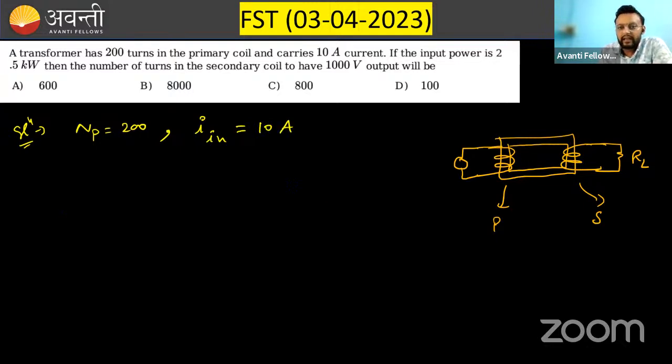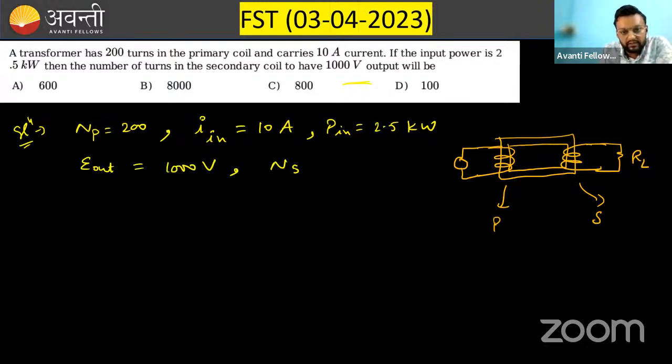Input power is given as 2.5 kilowatt. Output voltage, E out, is 1000 volt. Find the number of turns in secondary.